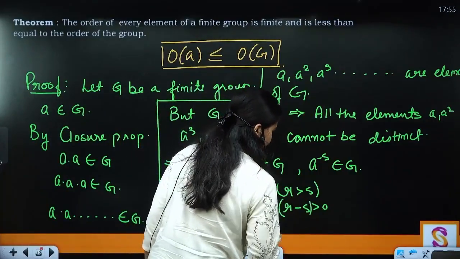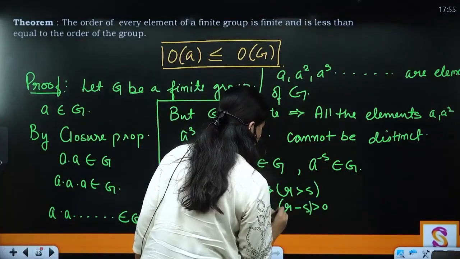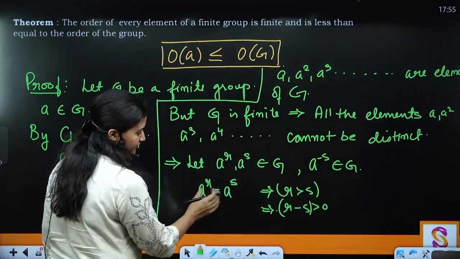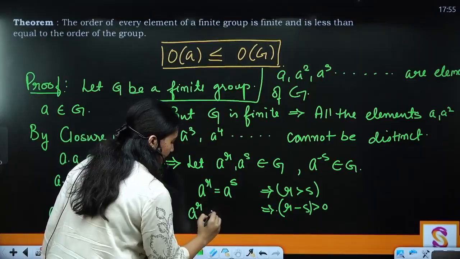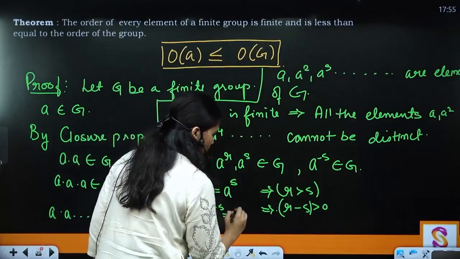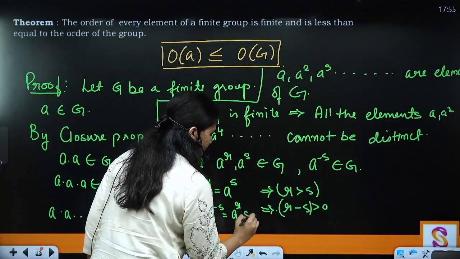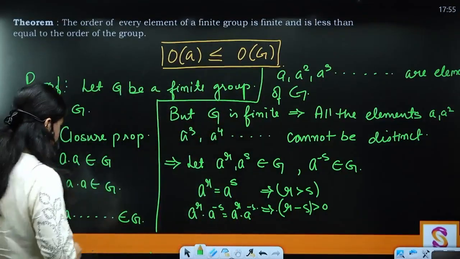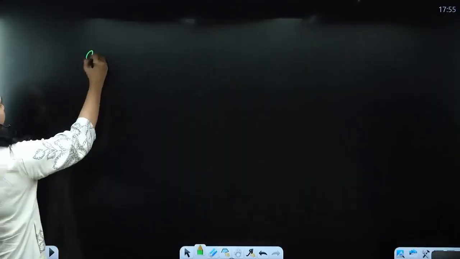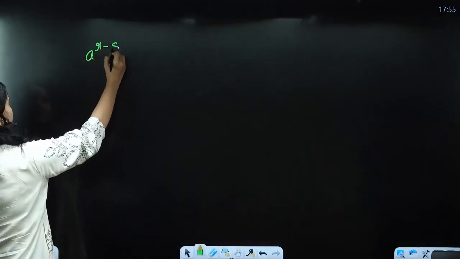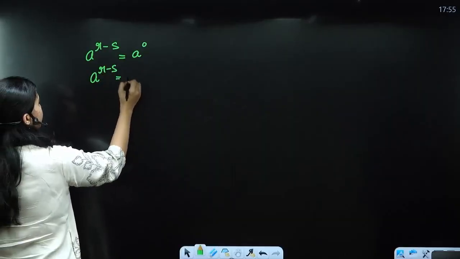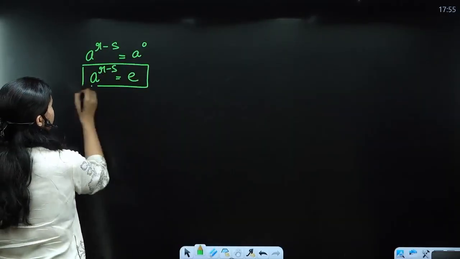Now, if I multiply this expression by A raised to the power minus S on both sides, I am going to get A raised to the power R minus S equals A raised to the power 0, which is equal to E, right?